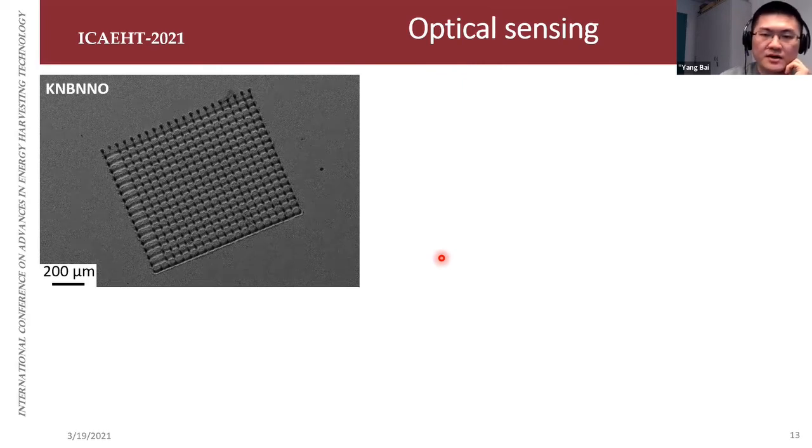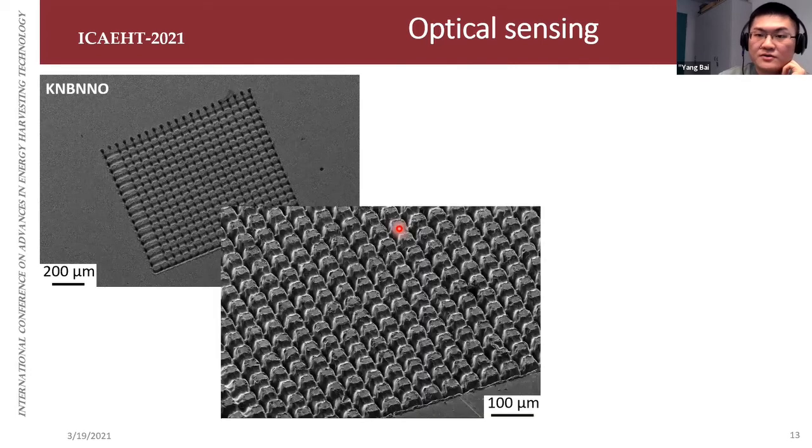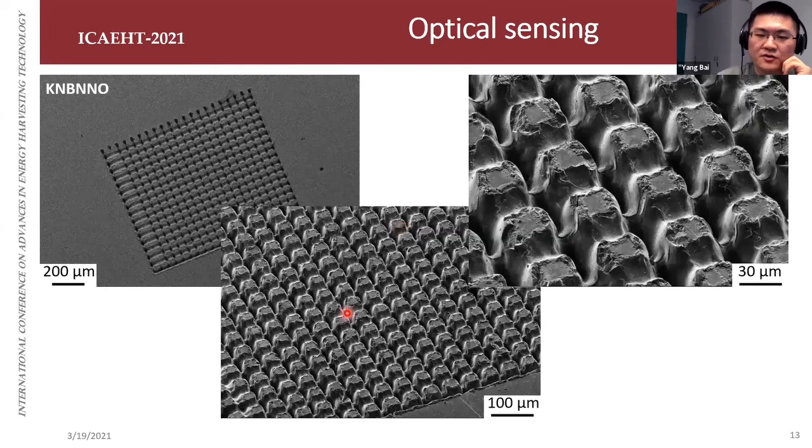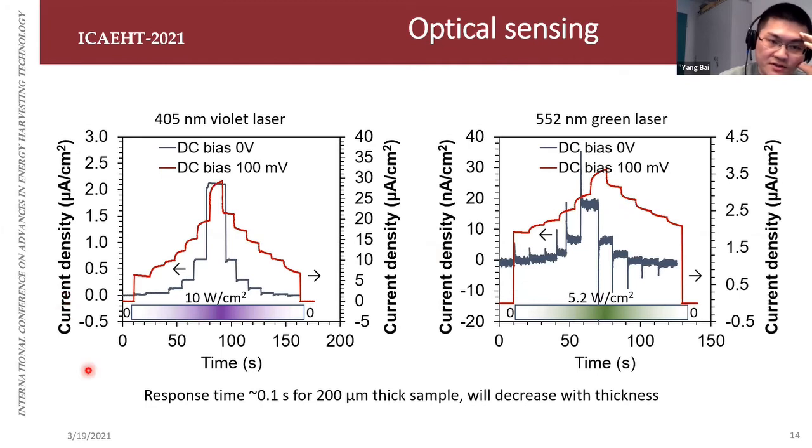For example, we can carve out a small area on the surface to increase the surface area a bit, to try to increase the photocurrent. As I mentioned, it's a low photocurrent, right? And this is a laser cut surface on the ceramic material. If we put it under light and measure the photocurrent, you can see how we distinguish different wavelengths and different intensities by different combinations of light and DC bias.